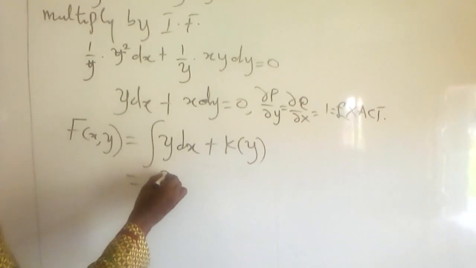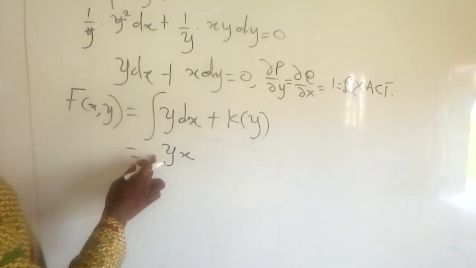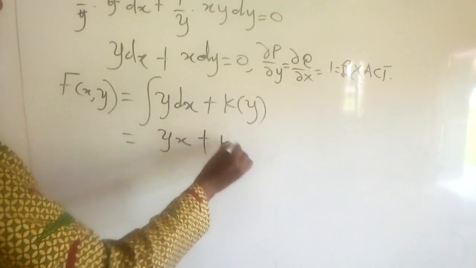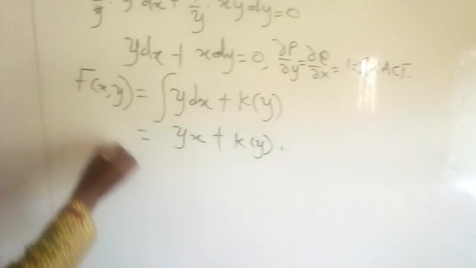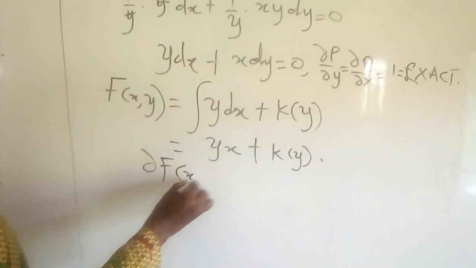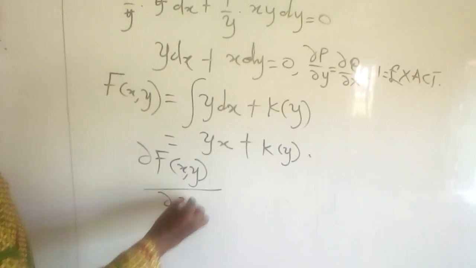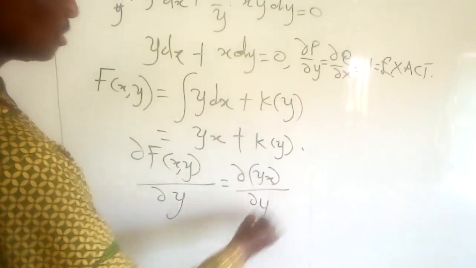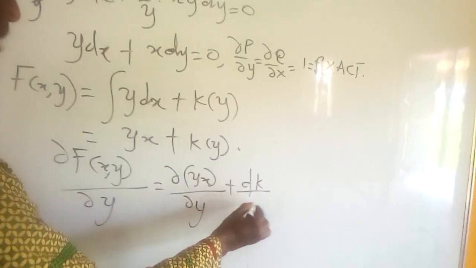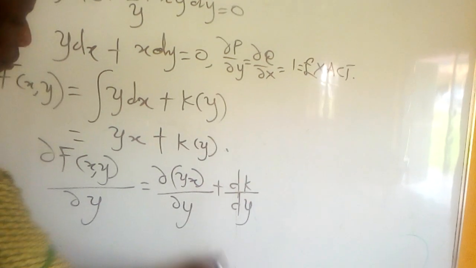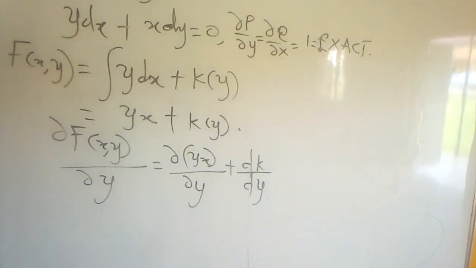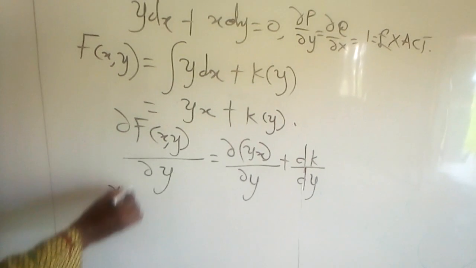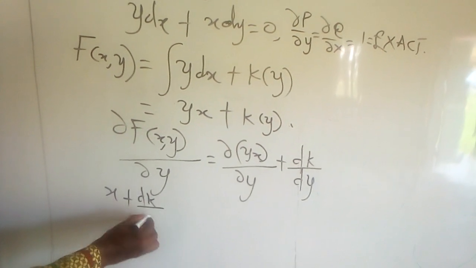That will now give us yx, because we are integrating with respect to x, not with respect to y, plus a constant function of y. So we now partialize f, function of x comma y, with respect to y, and that will be partial of yx with respect to y plus dk dy.